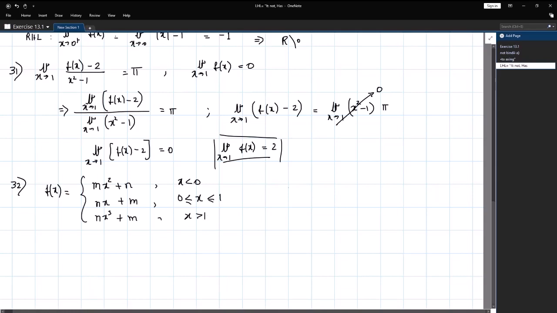They've also given that limit x tends to 0 of f of x exists. So we have to find what will be the values of m and n.